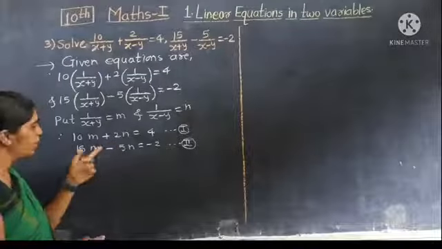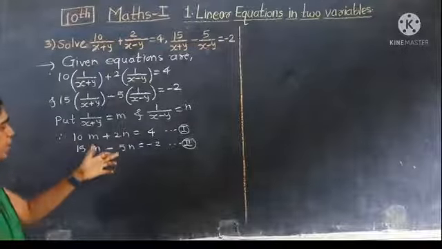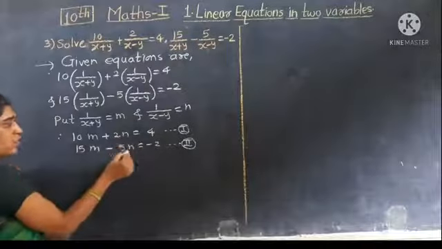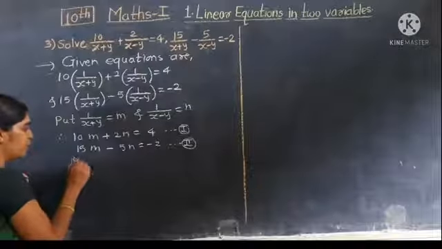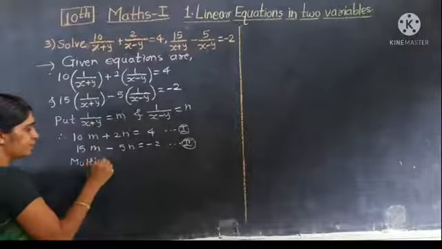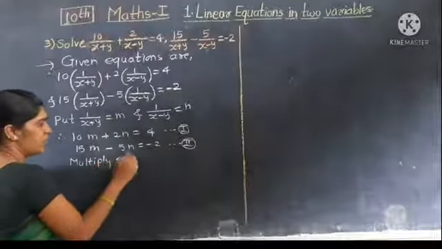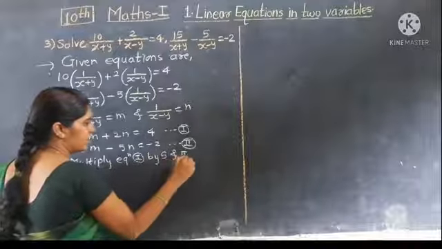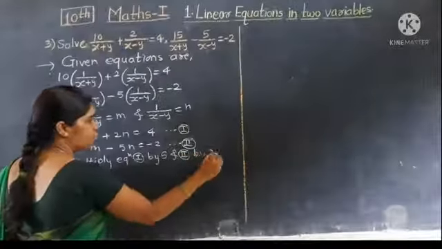Okay. Here you make the coefficient same. Here I make the coefficient of n same. So here multiply equation first by 5 and equation second by 2.